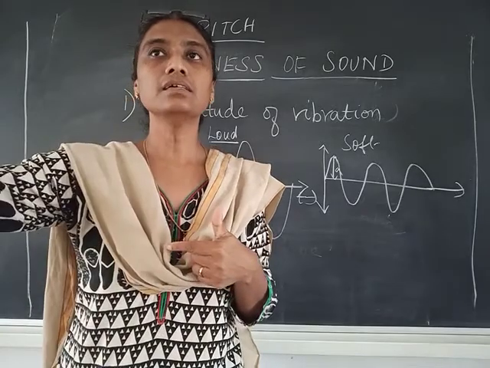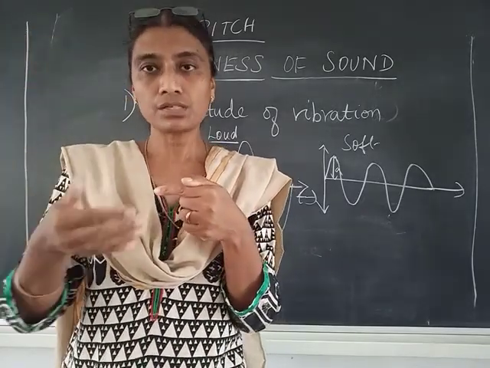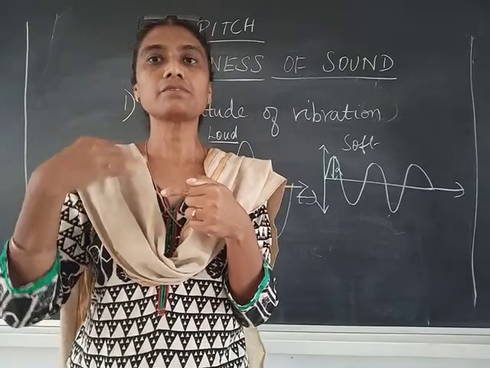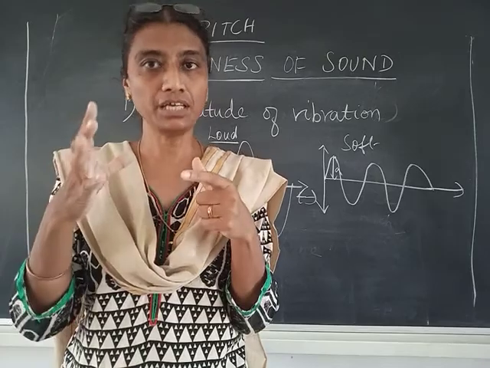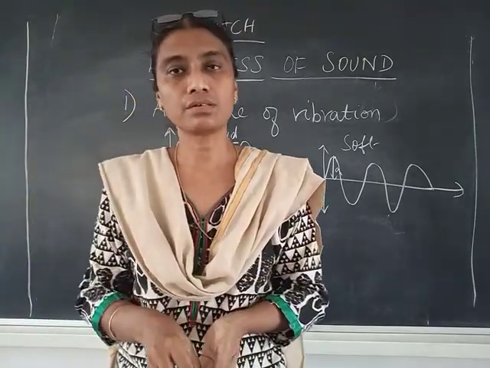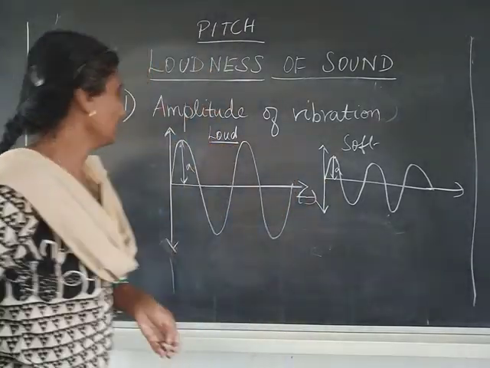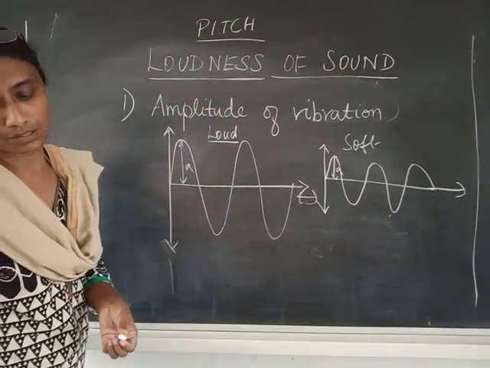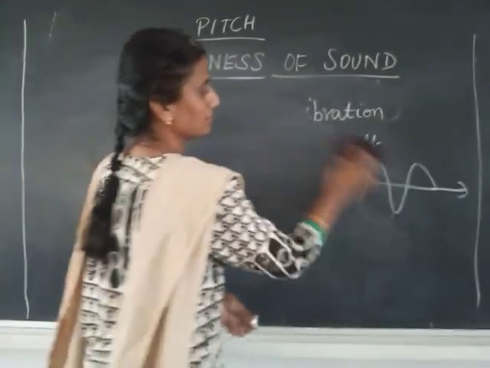They are sitting at a longer distance. As you sit closer to the source of sound, the loudness will be more. As you go far away from the source of sound, the loudness will be less. That is the second factor: distance between source of sound and the listener.